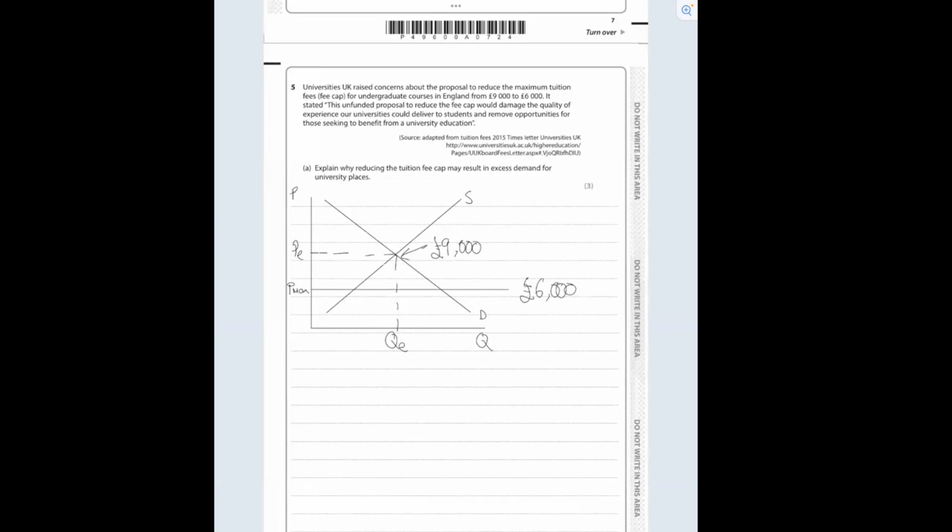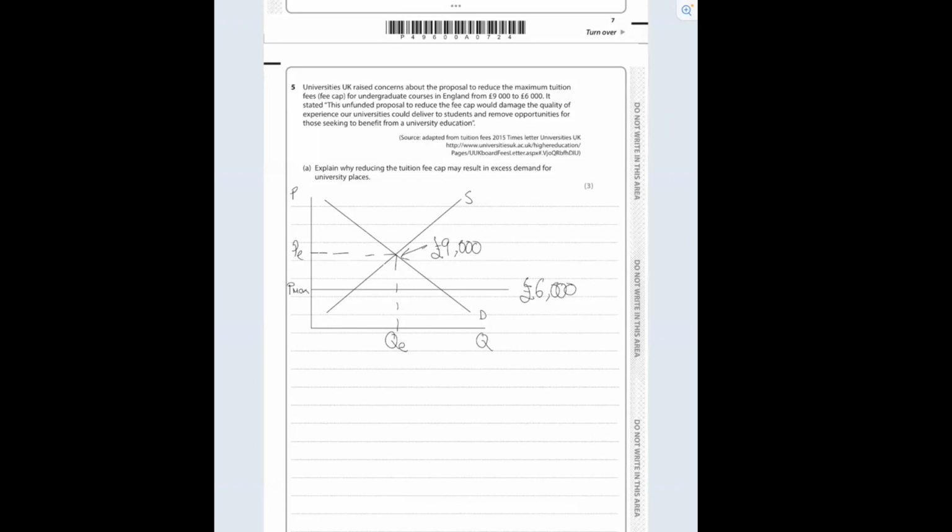What happens is if you reduce the price, it can create excess demand for this product. So there is naturally going to be an extension in demand because it's lower price. It signals to households to buy more of it, and there's going to be a contraction in supply. There are going to be fewer university professors who want to work as professors because of maybe the pay that they get as a result of the reduction in tuition fees.